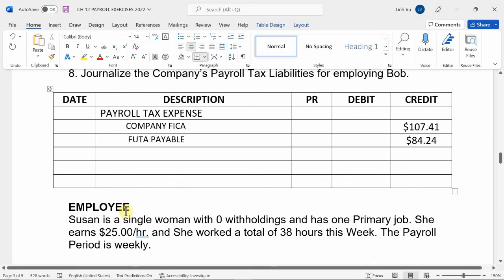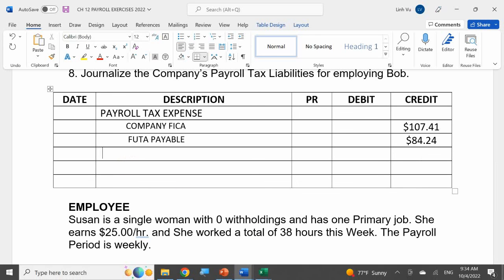Okay. Then what's after that? SUTA payable. 42.12. Okay. And then what's the last one? Workers' compensation. So we do workers' comp.